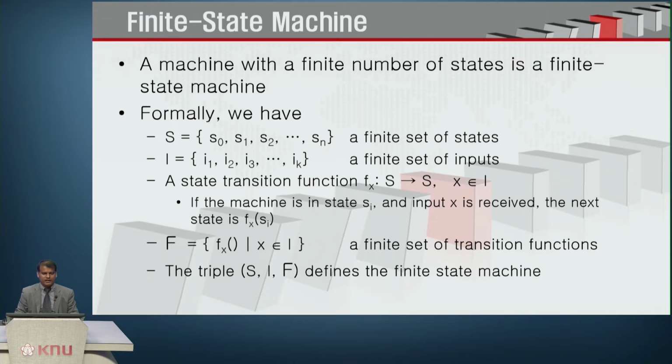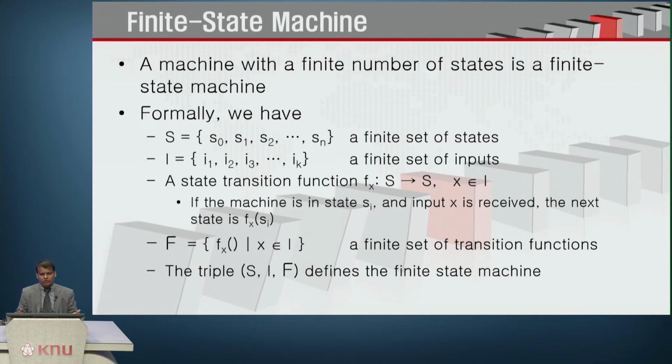Finite state machine. A machine with a finite number of states is a finite state machine. Now we have defined what is the machine, what is the machine state, and now we are defining what is the finite state machine. Formally, for example, S is a finite set of states, S1, S2 till Sn, and I is the finite set of inputs.